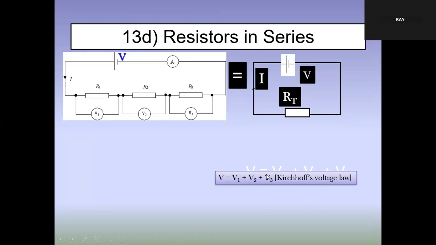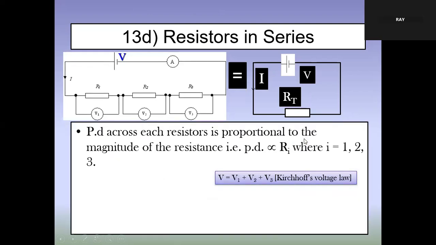Right? We have already derived this equation, Kirchhoff's voltage law. PD across each resistor is proportional to the magnitude of the resistance. Yes, PD is proportional to Ri. That means if R1 is the largest resistance, then the potential difference across R1 is the largest.